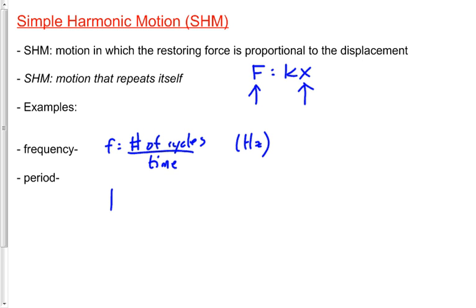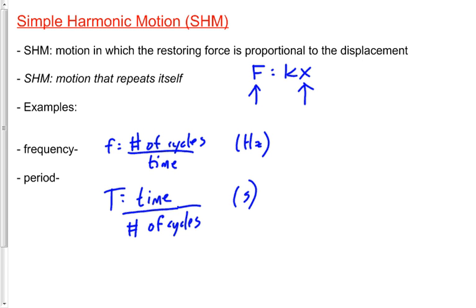Period, capital T, not a lowercase t, would be exactly the opposite, the inverse. It would be the time over the number of cycles. When you're at the amusement park on Friday, measuring the period of that swinging ship going back and forth, the period of one cycle is short enough that it's hard to measure the time accurately for one cycle.